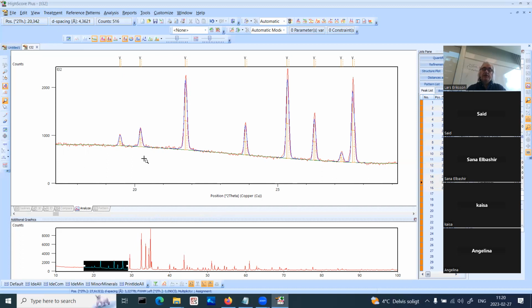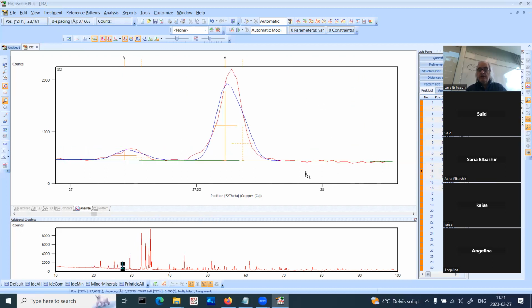Here is a problem actually with using HighScore, because you see that the peaks are modeled as double peaks from an alpha 1, alpha 2 peak profile. This was measured on a STOE diffractometer with an incident monochromator, so it's alpha 1 only.